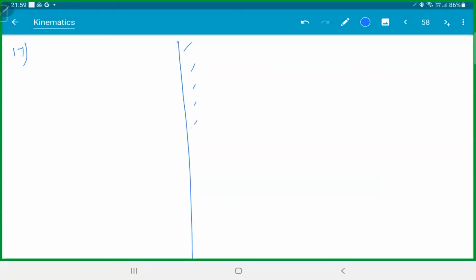We have a wall here, and we have a vehicle here, a car or something, starting from rest with a constant acceleration. This is t equal to 0. The distance between the car and the wall is d.